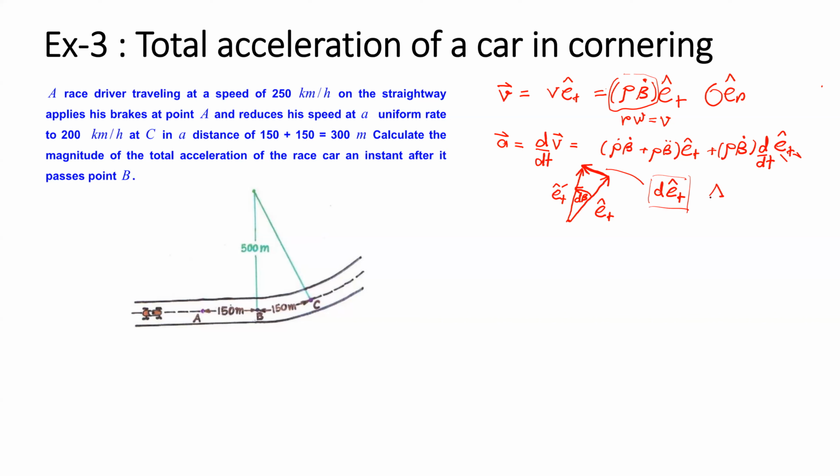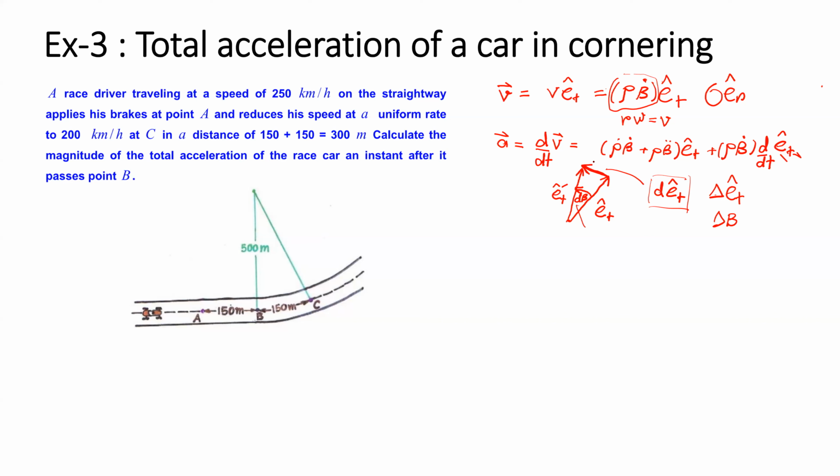You can consider it as a delta of the unit vector, but in a very short period of time, from the delta we use the d. The angle in the center, instead of delta beta, we also use d beta.